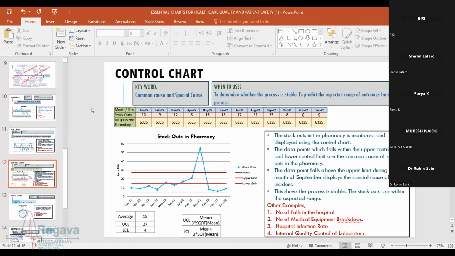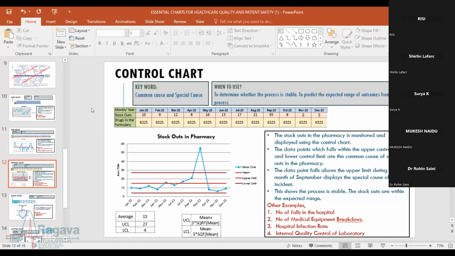For the data points falling within the upper control limit and the lower control limit, I will be able to know that the process is stable. There is only one point, during September, which is falling above the upper control limit.